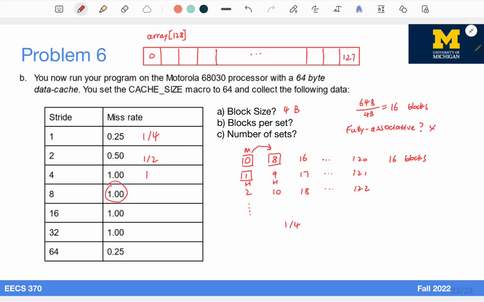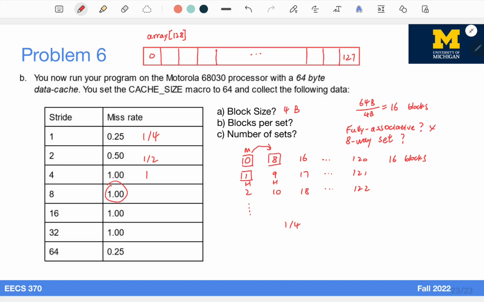So since fully associative cache is not true, let's assume it's an 8-way set associative cache. I make this assumption because we have 16 blocks in the cache. If it's an 8-way set associative cache, then we will have 2 sets.